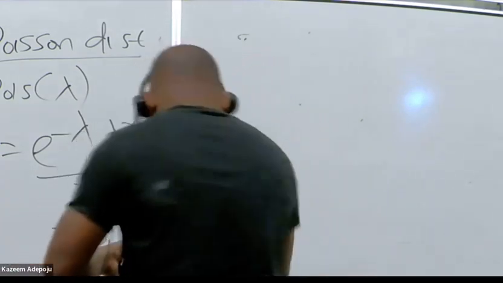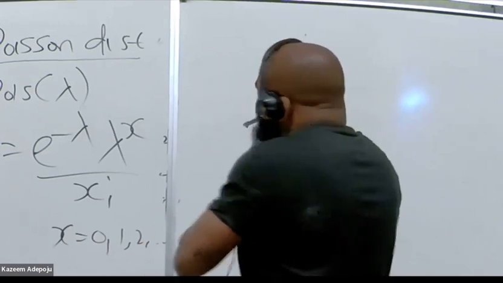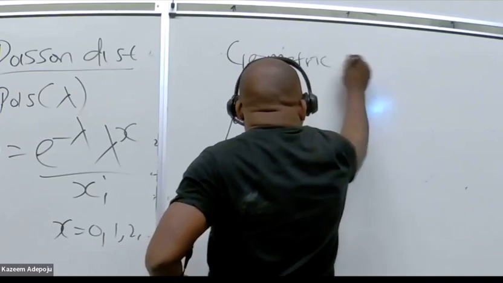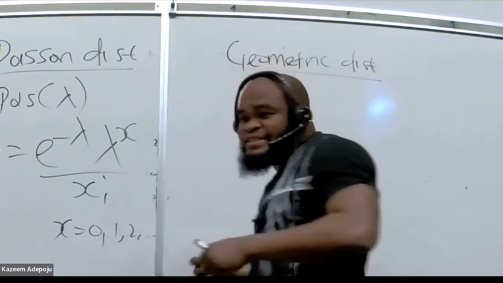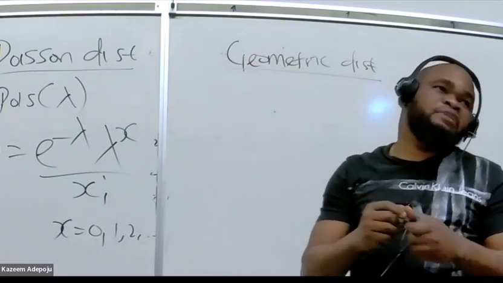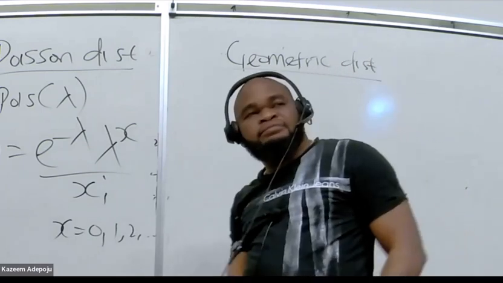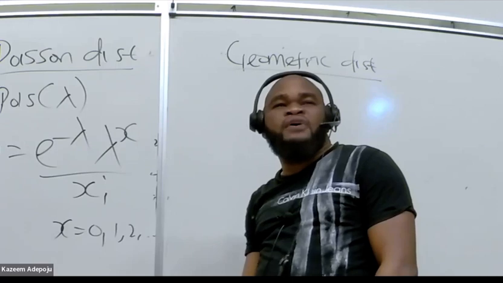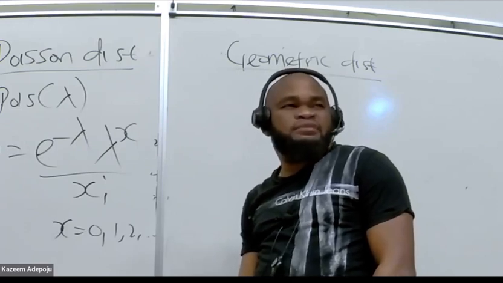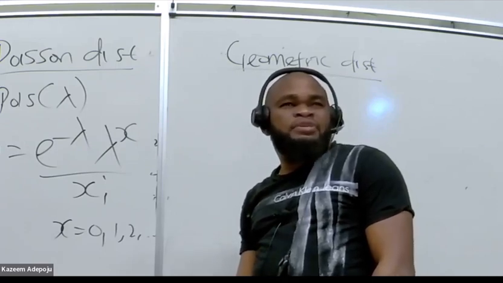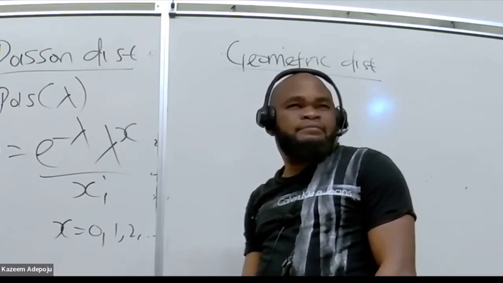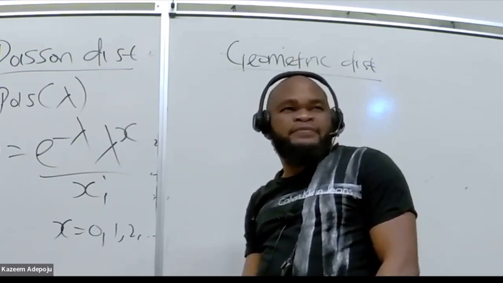Now, another distribution that we talk about is the geometric. When I'm interested in the number of failures I'm going to have before I record the first success. I'm going to say that again. How many failures am I going to have before I record the first success?